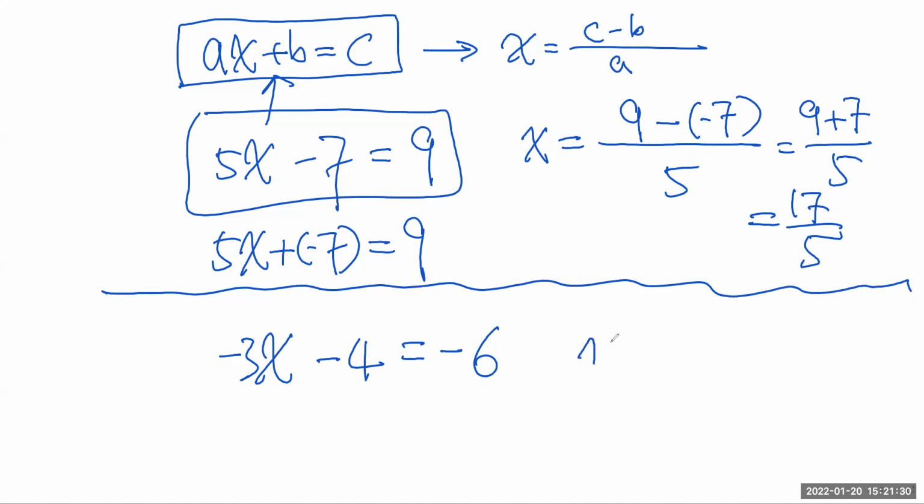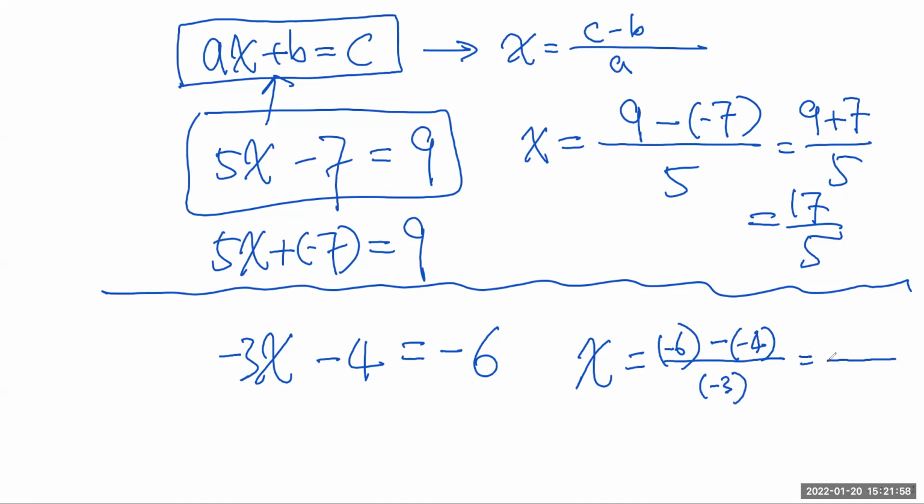Now we just need to figure out what is our c, what is our b. Wait, no. B would be negative 4. C would be negative 6. And A would be negative 3. Very good.